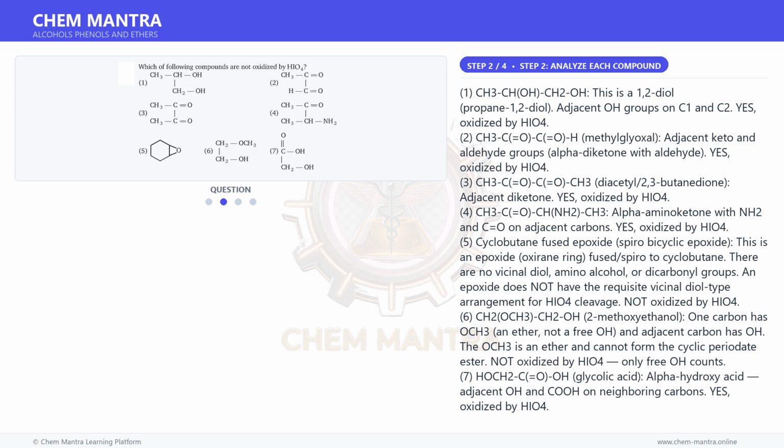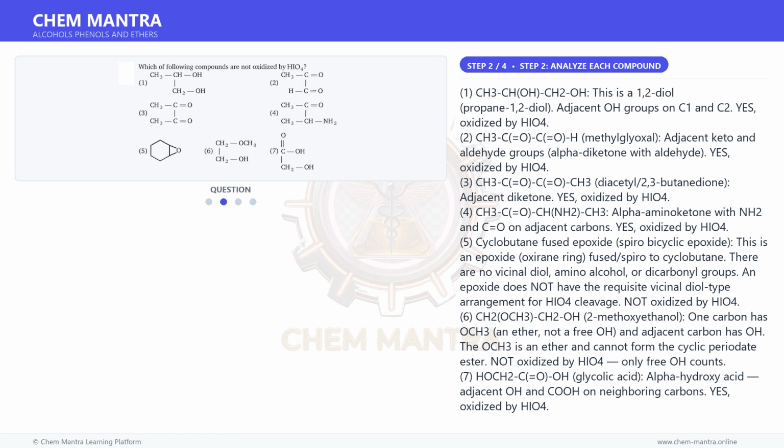1. CH3CH(OH)CH2OH, this is a 1,2-diol, propane-1,2-diol. Adjacent OH groups on C1 and C2. Yes, oxidized by HIO4. 2. CH3C(=O)C(=O)H, methylglyoxal, adjacent keto and aldehyde groups, alpha-diketone with aldehyde.